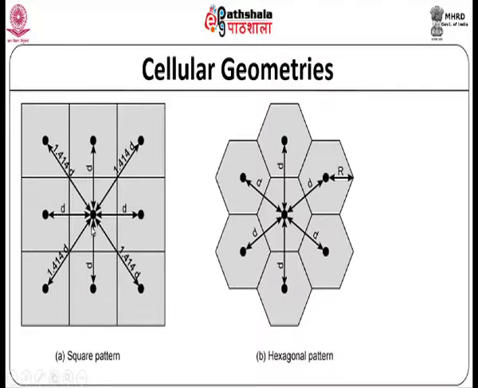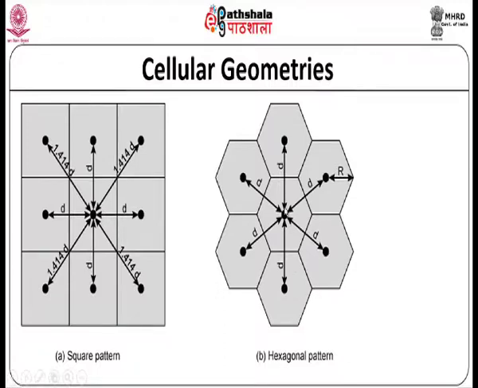So, it will be more than what you have over here. So, you find that there is some kind of heterogeneity in terms of how the distances are. So, in order to avoid this and avoid certain problems that occur with respect to transmitting on different frequencies when you have this kind of geometry, we go in for a hexagonal pattern.